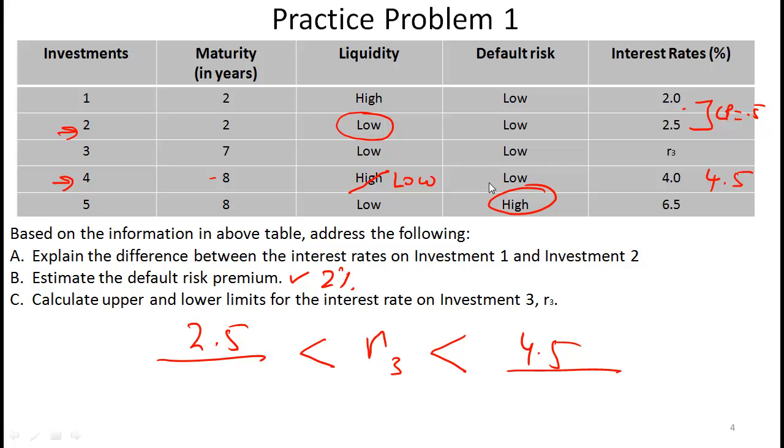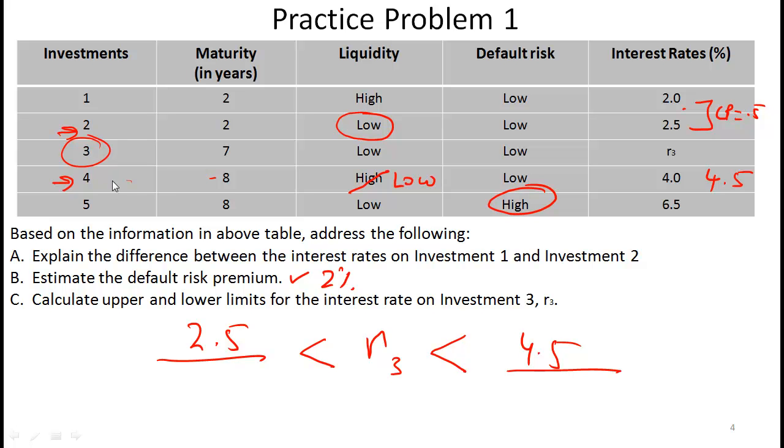The default risk is low. The only difference between 2 and 4 is the maturity, and 3 again has a maturity between investment 2 and 4. Other than that, investment 3 is like investment 2 and 4.